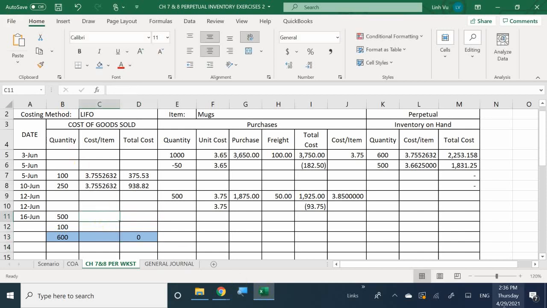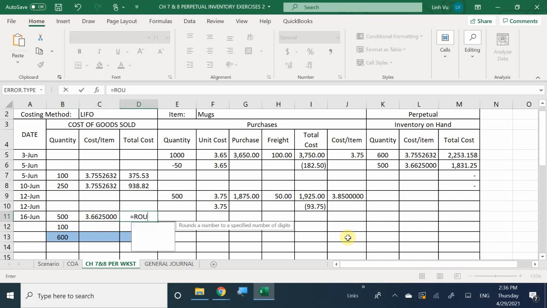So for here, I know for a fact, how much is going to be my cost per item for my 500? 366 and a quarter. You're just going to take the whole thing out of inventory at 125. Correct.